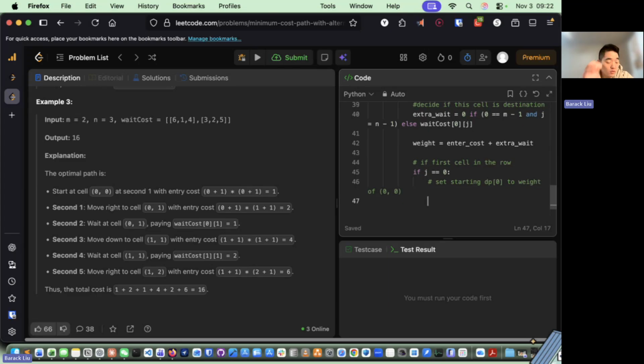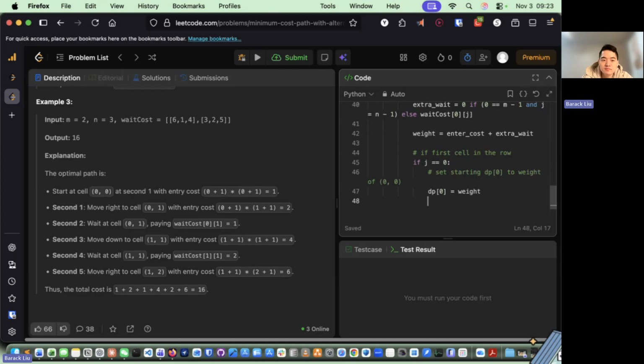Because remember yesterday when we talked about dynamic programming, we mentioned that we need to initialize the start point first. So dp0 will be weight. Make sense?